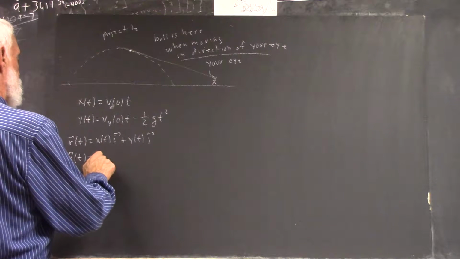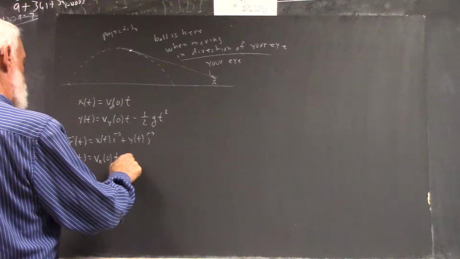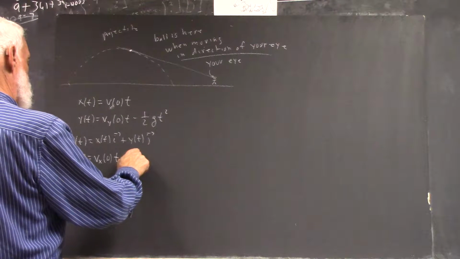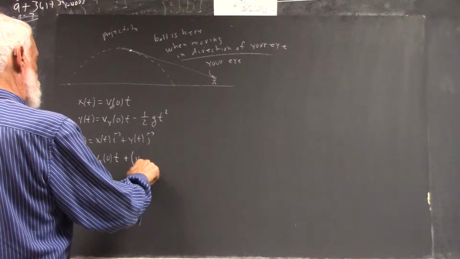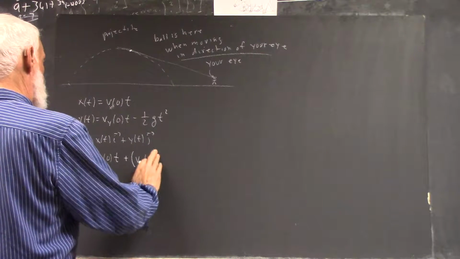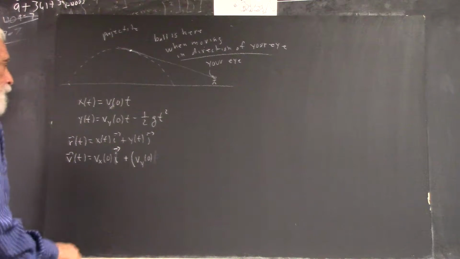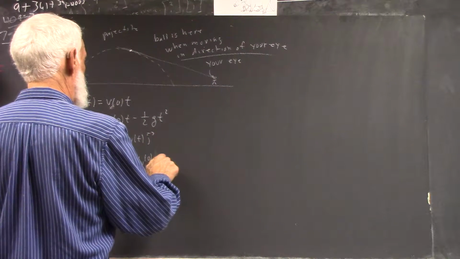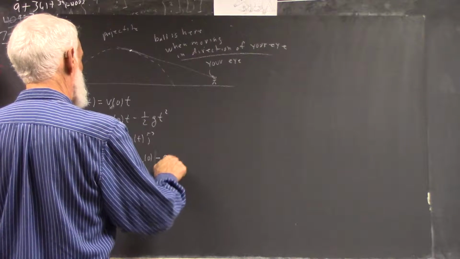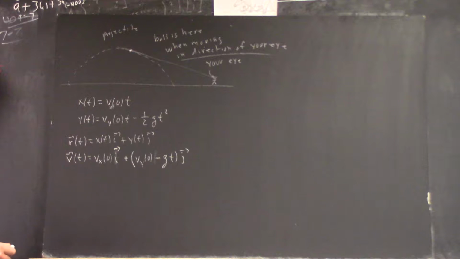Well, that's going to be, no t on that, it's an i. Vy of 0 minus gt j.